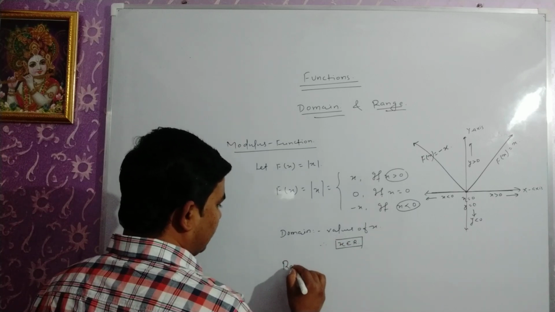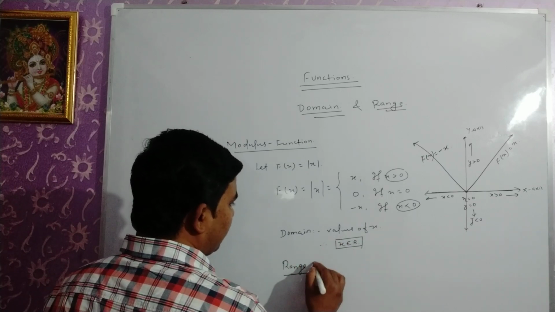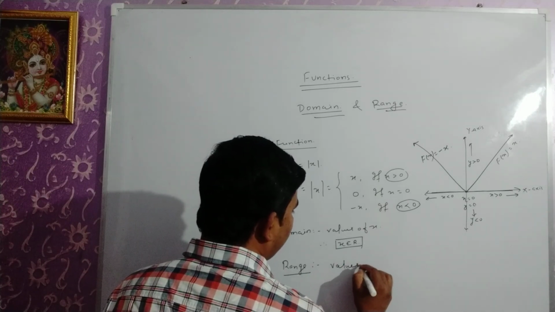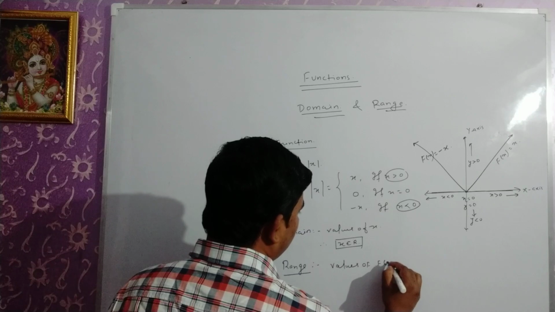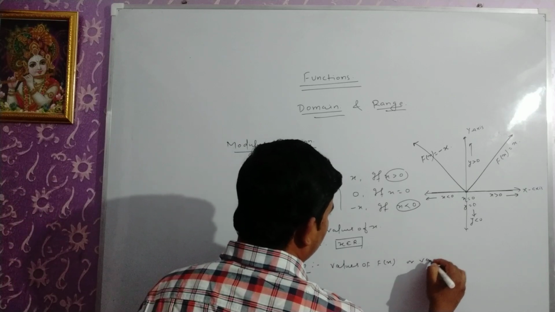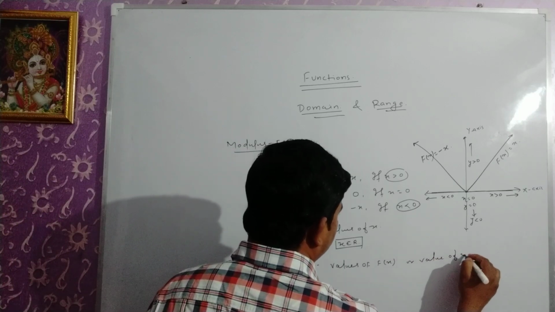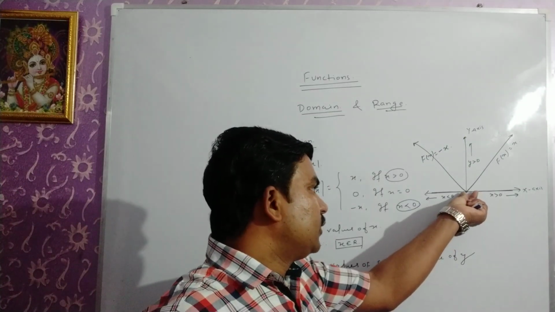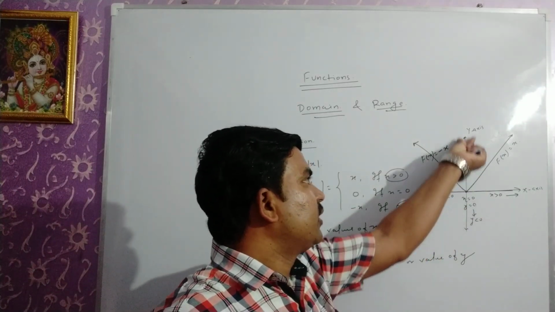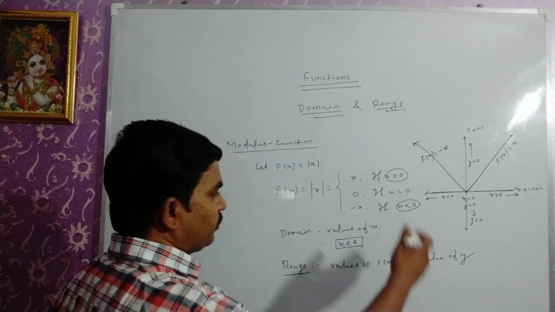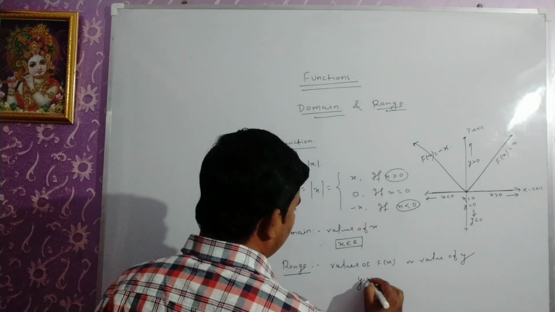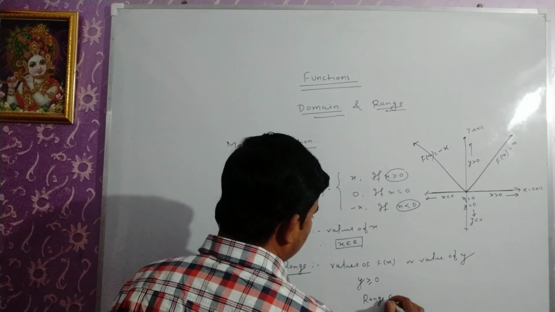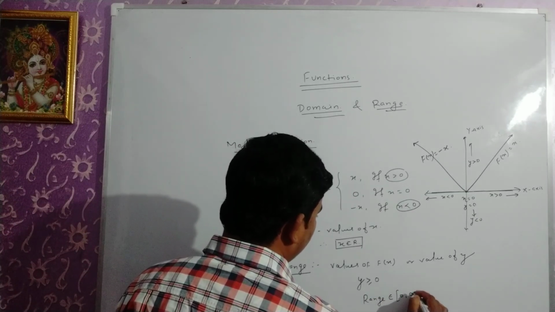And if we talk about the range, the range is the values of f(x), or the values of y. The values of y are either equal to 0 or greater than 0 according to this curve. So y is greater than or equal to 0. So range belongs to 0 to infinity.